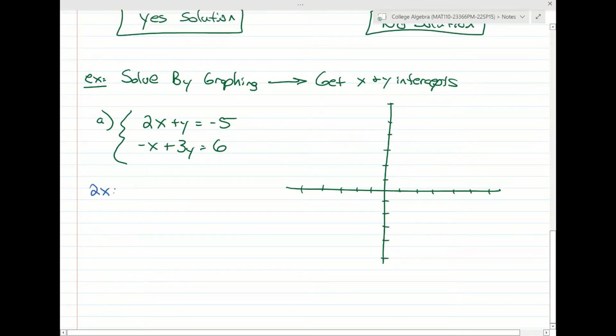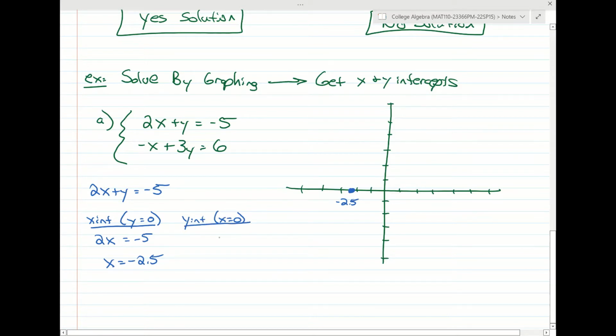If you take the equation 2x plus y is equal to -5, to get the x-intercept, what you do is you plug in 0 for y. So you get 2x plus 0 is equal to -5, where x is -2.5, which is right here. To get the y-intercept, we put in 0 for x. So we get 2 times 0 is 0, and then y is equal to -5. 1, 2, 3, 4, 5 right here.